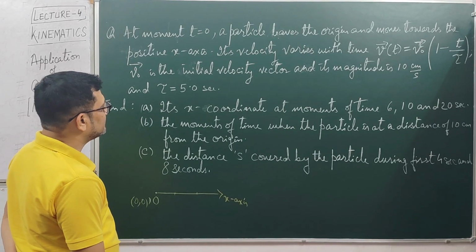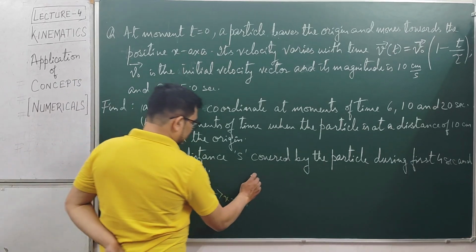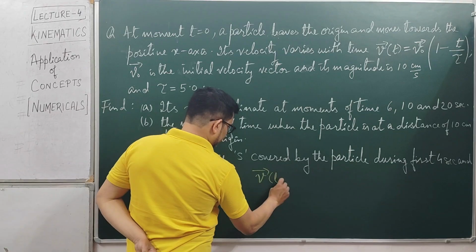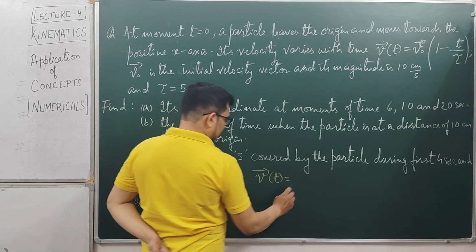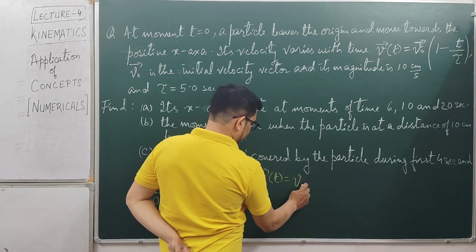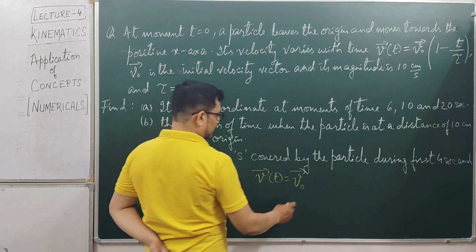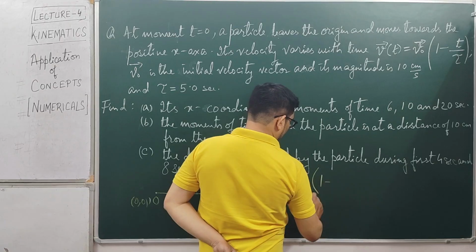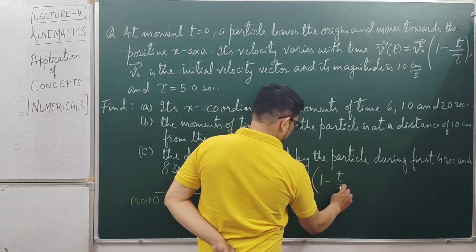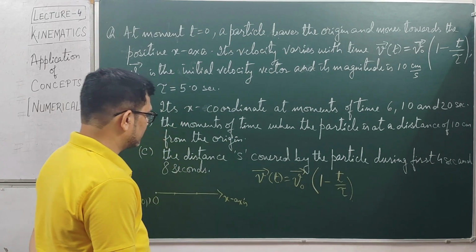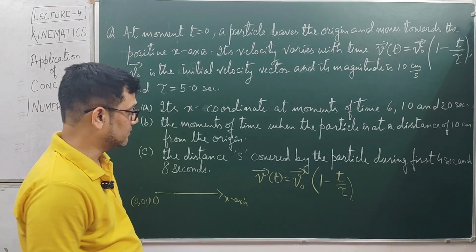So what are the given things? The given thing is velocity, which is a function of time, given as v as a function of time is equal to v naught, the initial velocity vector, times 1 minus t over tau. Okay, so this is given and we need to find x.